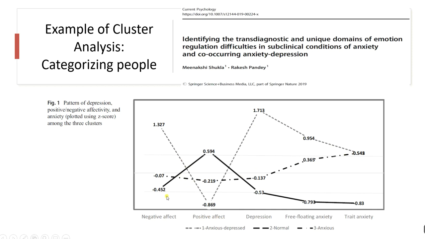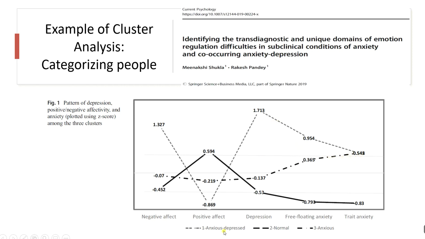In the first cluster, we observe people who have very low negative affect, low depression, very low anxiety, and they are very happy people. We label this group of people as normal, healthy individuals. On the other hand, there are a few people in our sample who have very high negative affect but low positive affect, meaning they did not have hedonic capacity; they were characterized by anhedonia. They were also high on depression and high on anxiety.